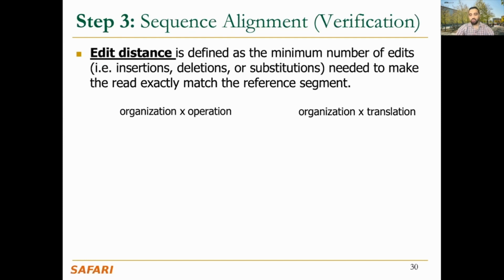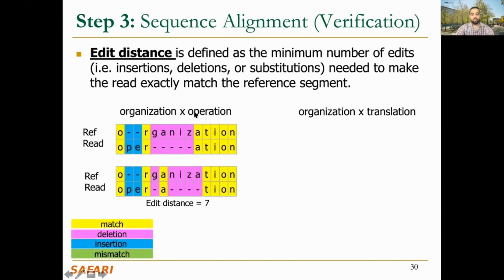For example, we want to match these 2 words, organizations and operation. So how can we do that? We calculate edit distance. If you use that algorithm with different parameters, you get this alternative or the other alternative. You can see here, for example, it tells you to delete the P and E and then match the R and R, and then delete all this sequence of characters so that both of them will be exactly the same.